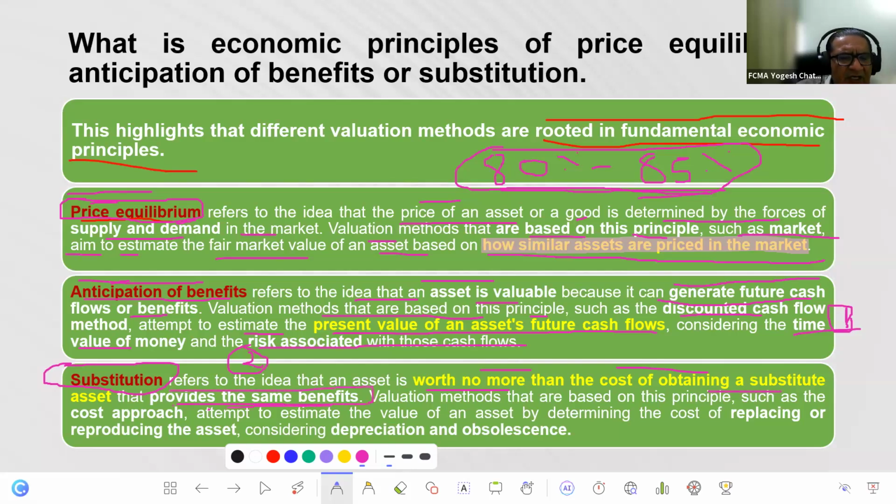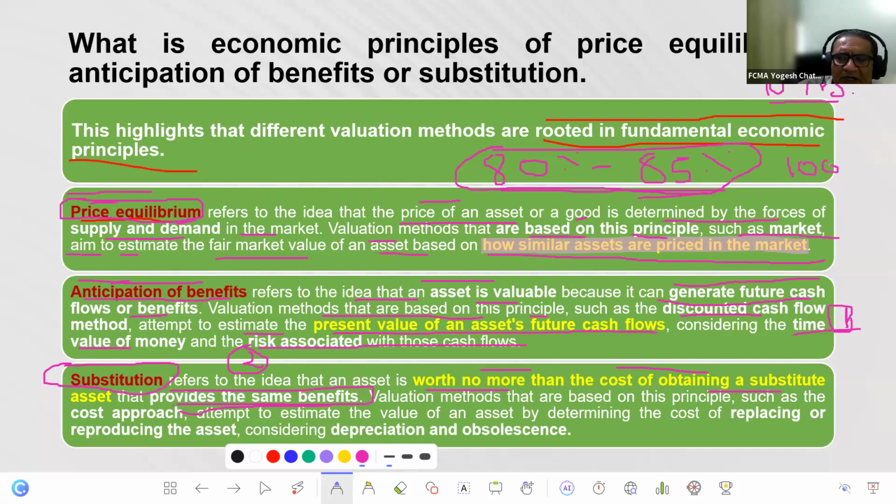Supposing you have a building that is 10 years old, and you are determining the construction cost of this 10 year old building. Necessarily you need to estimate the construction cost of materials which were prevailing 10 years back. Supposing today the construction cost of a new building of similar benefits, equal utility, is 100 crore.